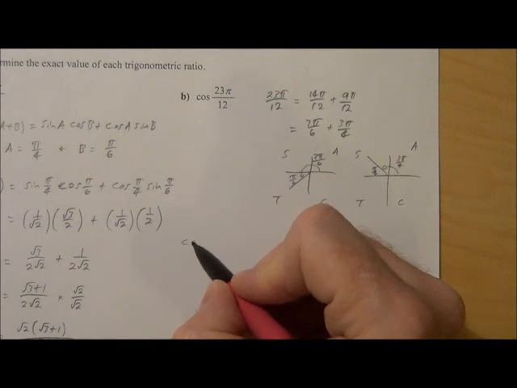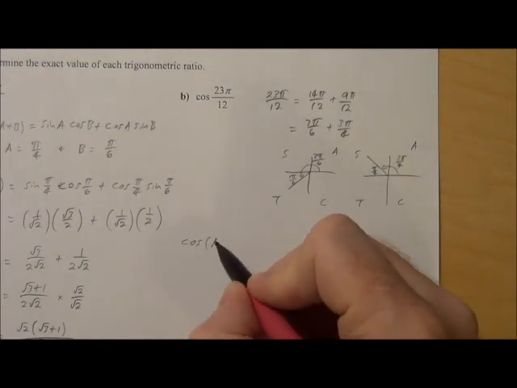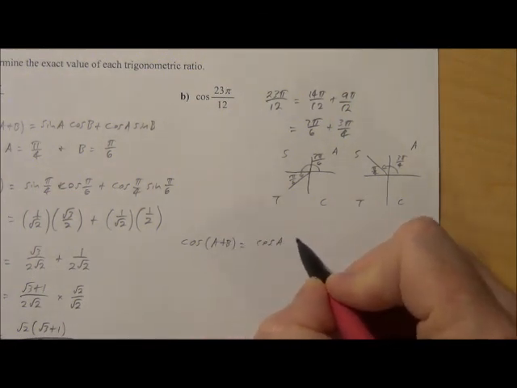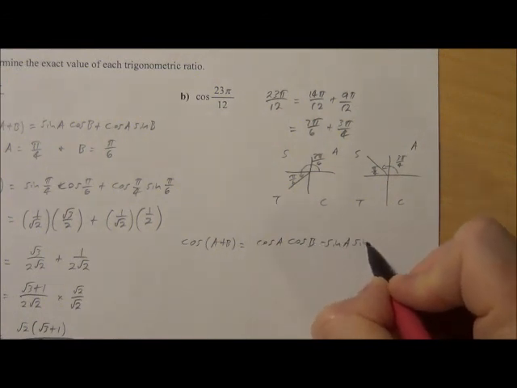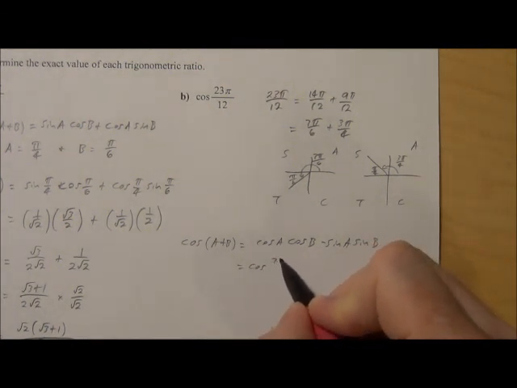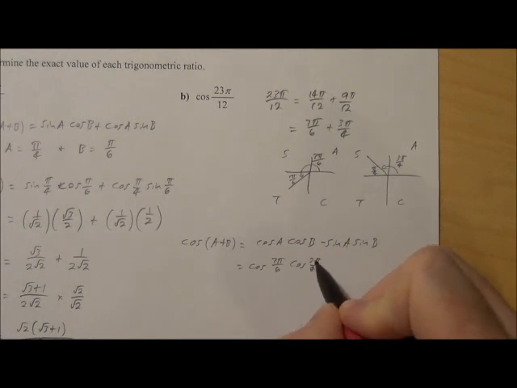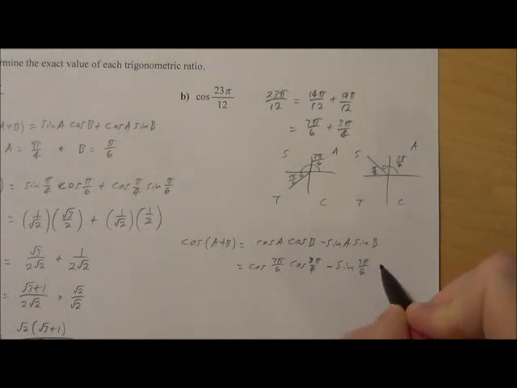Because we're using a sum, cos of a plus b equals cos a cos b minus sine a sine b, which is cos of 7 pi by 6 cos of 3 pi by 4 minus sine of 7 pi by 6 sine of 3 pi by 4.